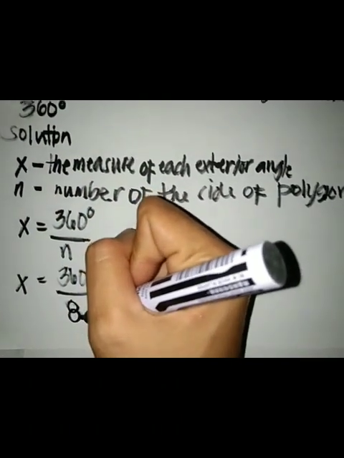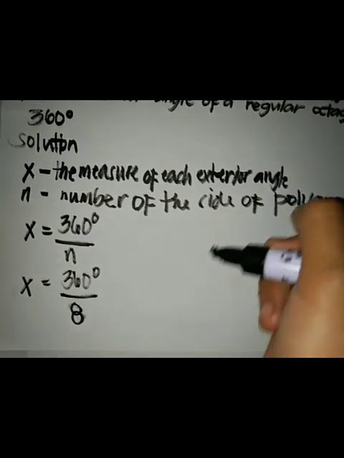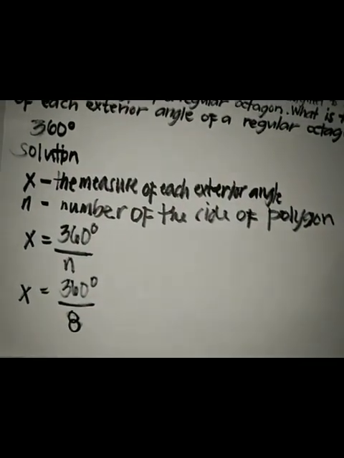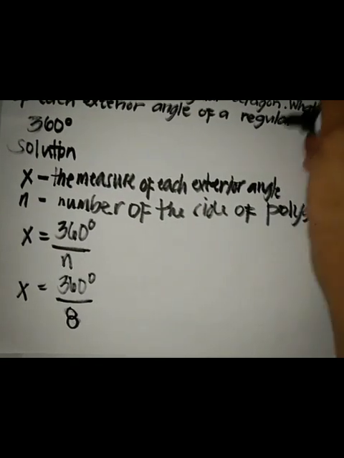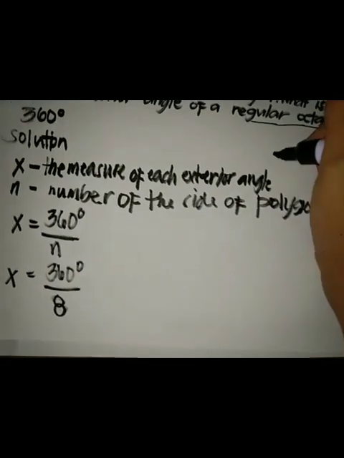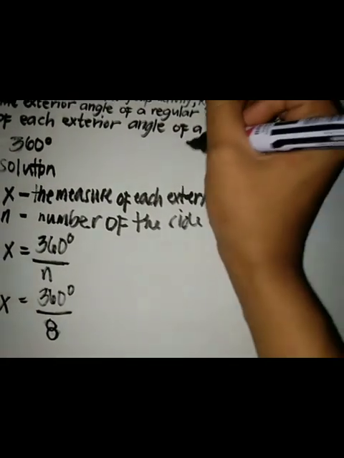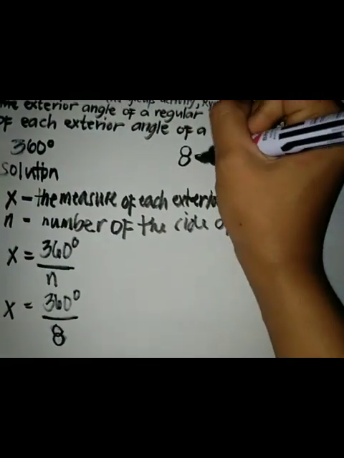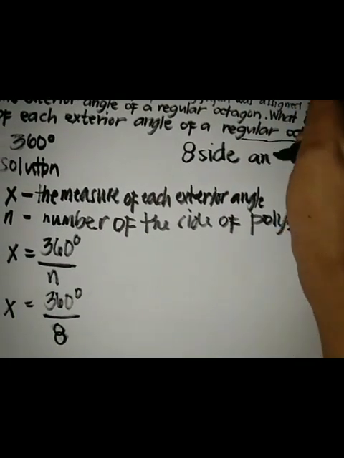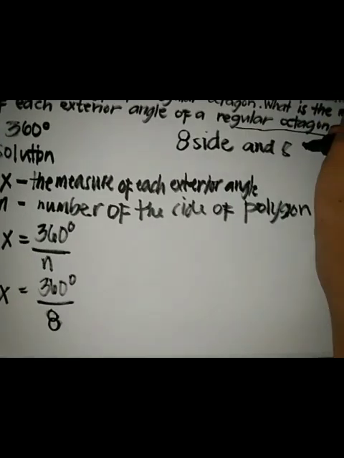Why 8? Because it is the number of sides of the polygon. In this problem we have a regular octagon. So a regular octagon has 8 sides and 8 angles.